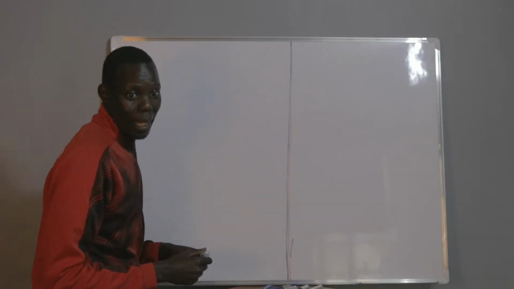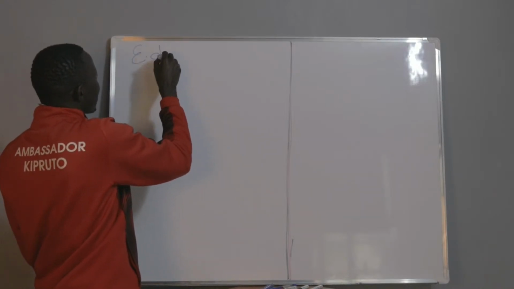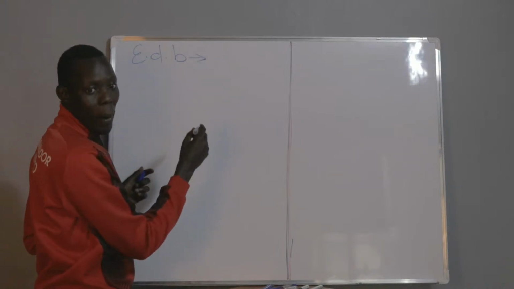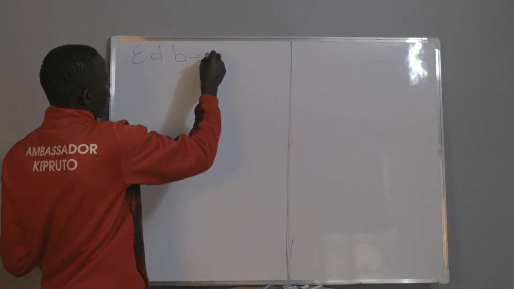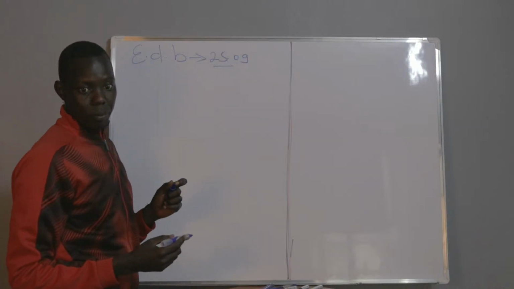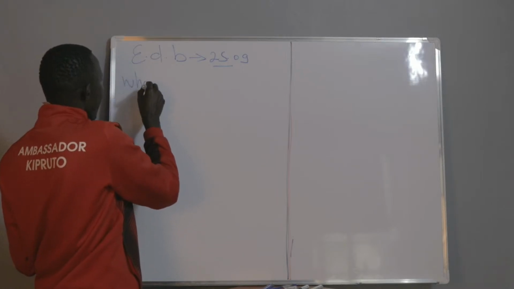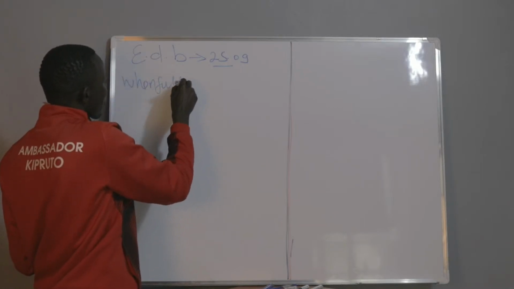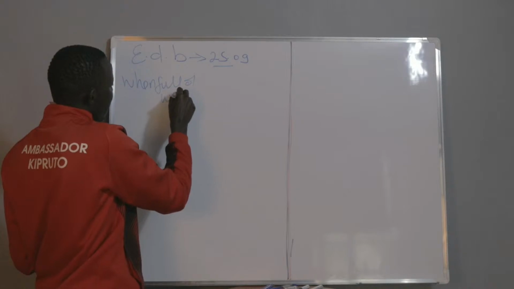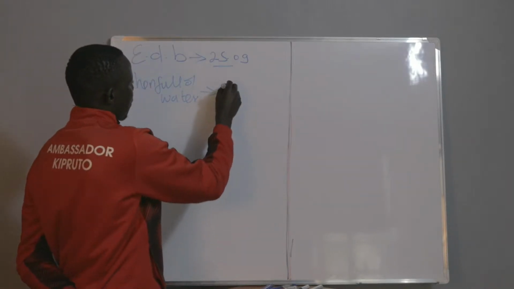Let me use this. The mass of an empty density bottle. How much? 25 grams. When full of water, 50 grams.